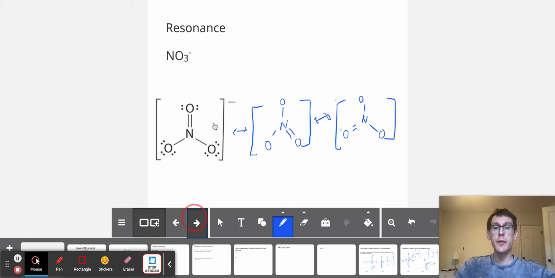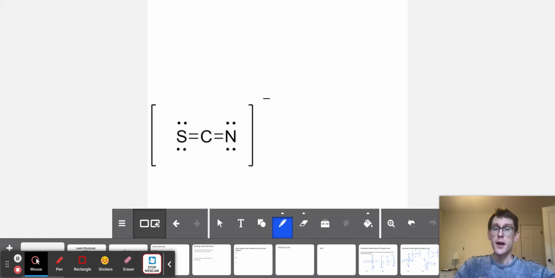Resonance is very common among polyatomic ions, and it's very common among polyatomic ions with a lot of symmetry, like nitrate, like carbonate, CO3 negative 2. There are cases where there is asymmetry, like the thiocyanate ion.